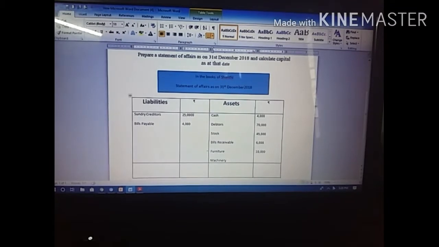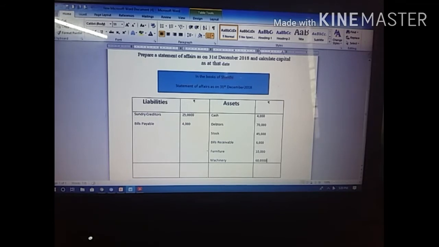The value of machinery is 60,000. Whatever information they are given in the illustration, we have to enter all these things.